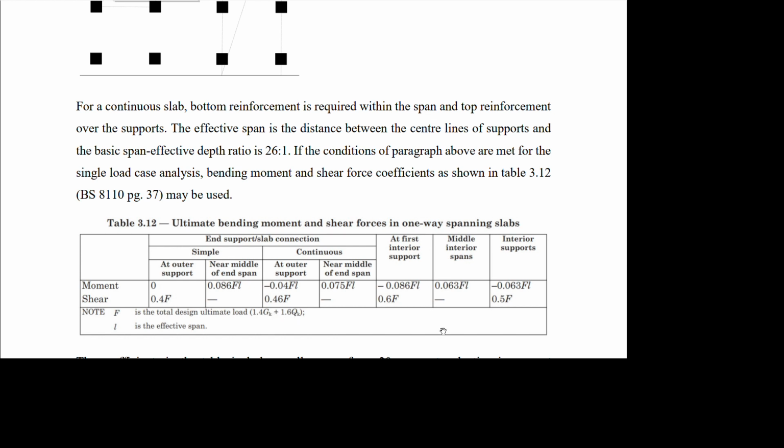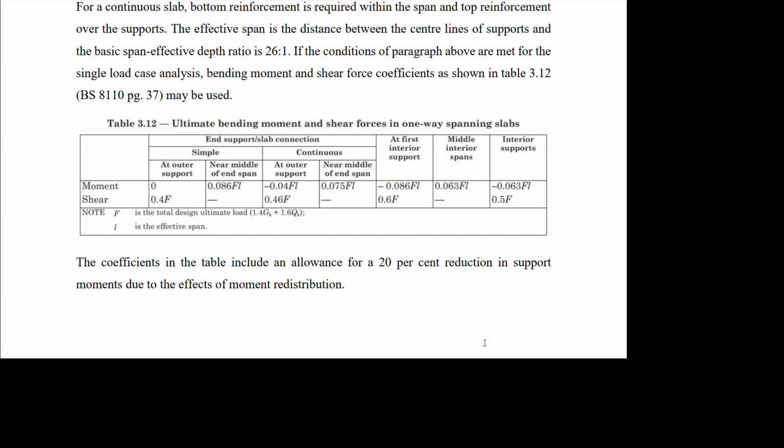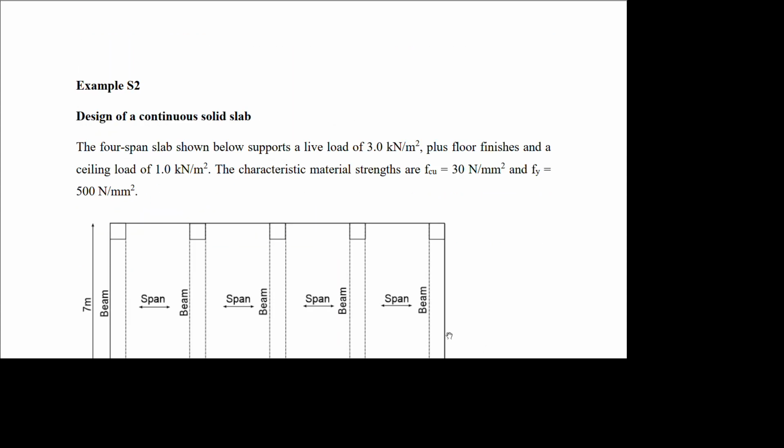So depending on what you are dealing with, then at first interior support and middle interior spans, etc. However, for this one, this coefficient includes an allowance for a 20% reduction. I don't want to talk much about that. Let's go straight to the calculation, so you will see as we tackle the challenge.